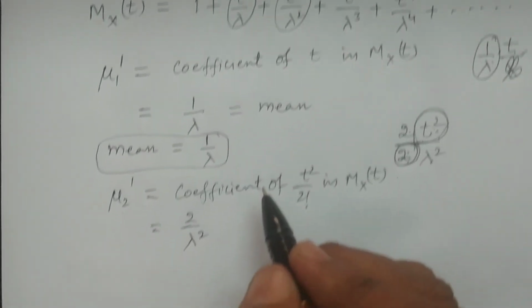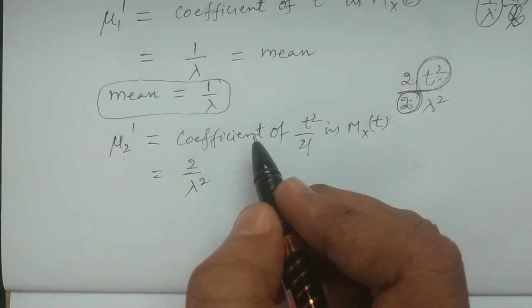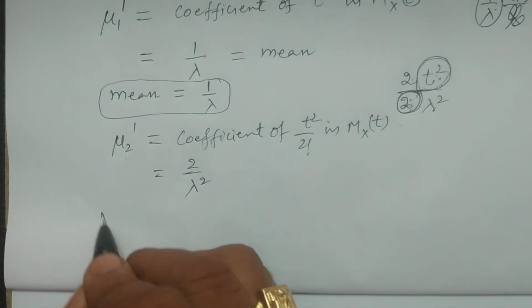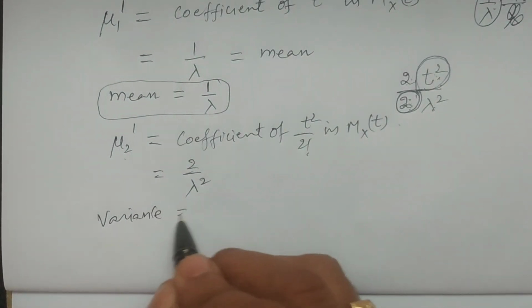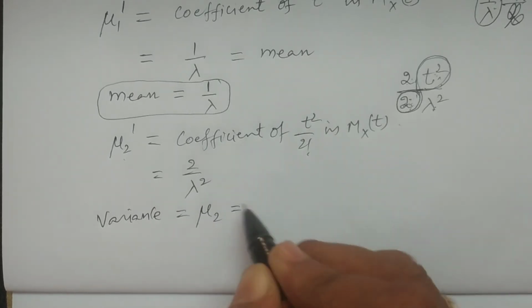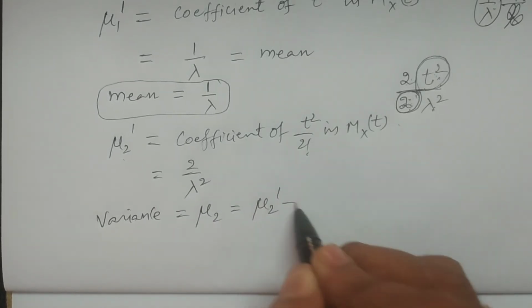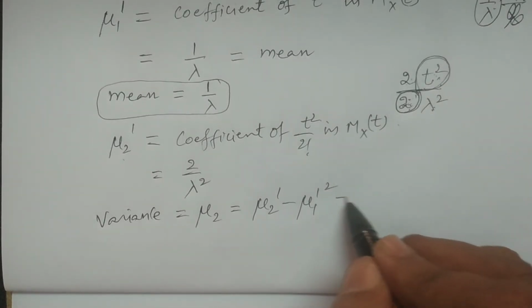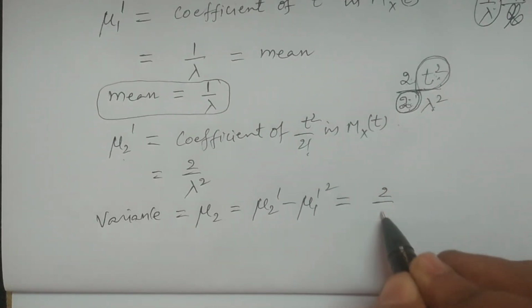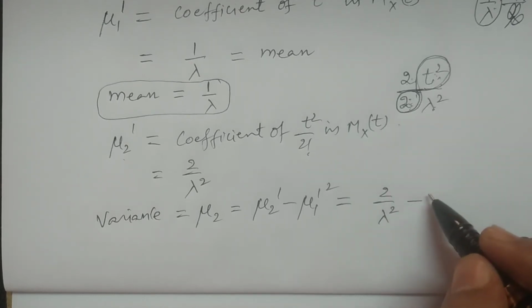But it is not the variance. If you want to calculate the variance, variance is mu2, and the formula is mu2 = mu2' - (mu1')^2. What is mu2'? Mu2' is 2/lambda^2 minus, what is mu1'?